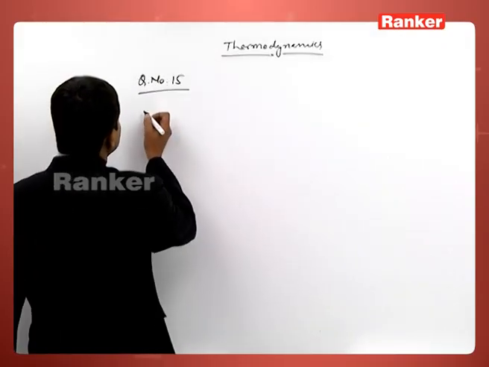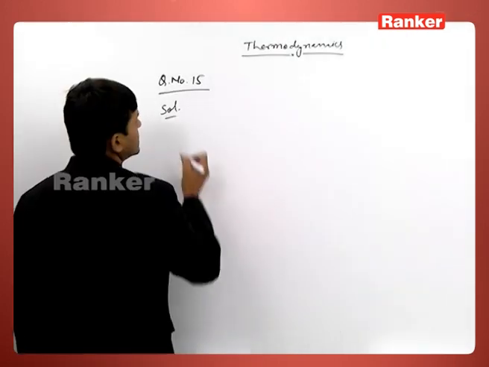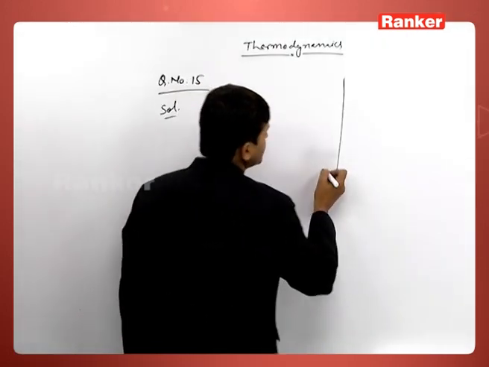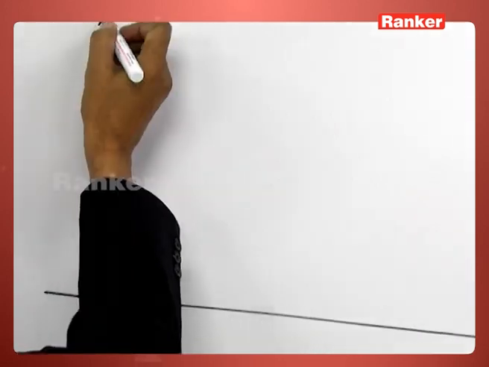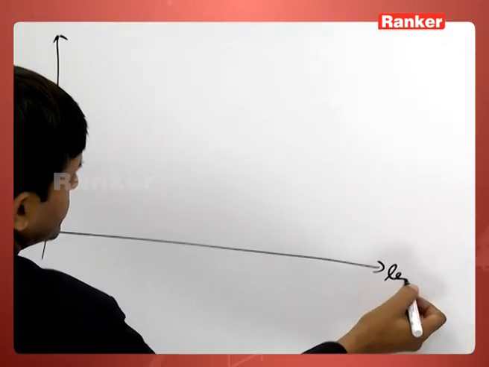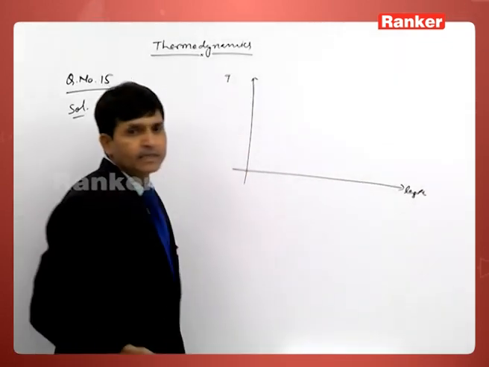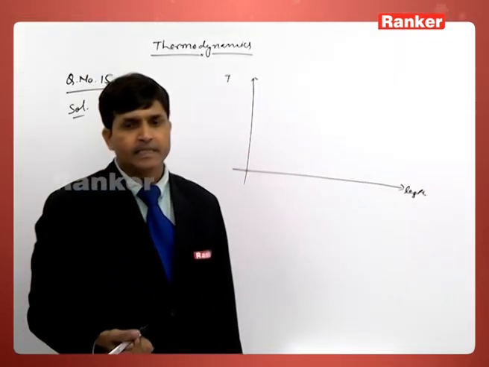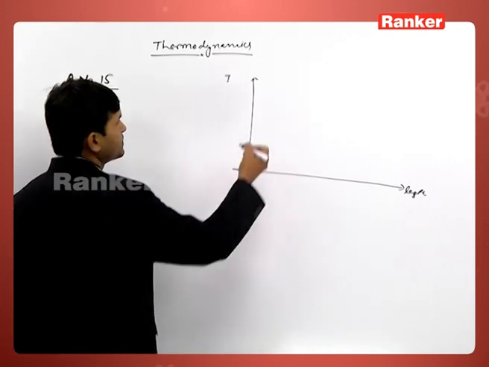So as per the graph, in the graph it is given temperature. This is your temperature, and here it is given length. And the change in temperature is given like this.